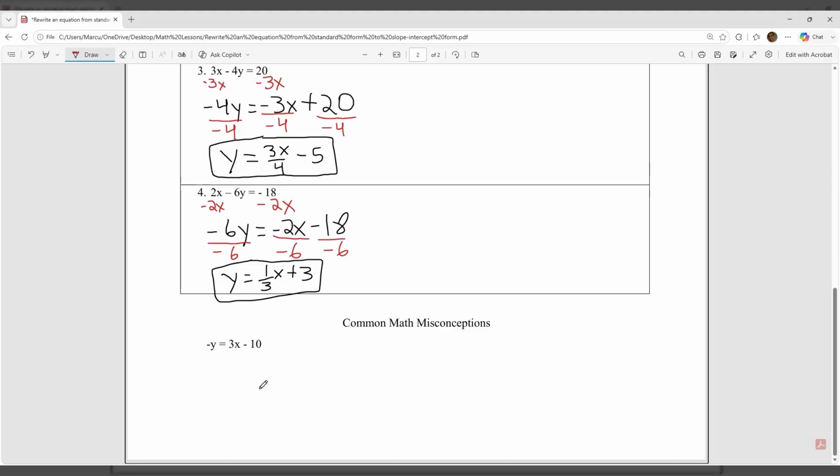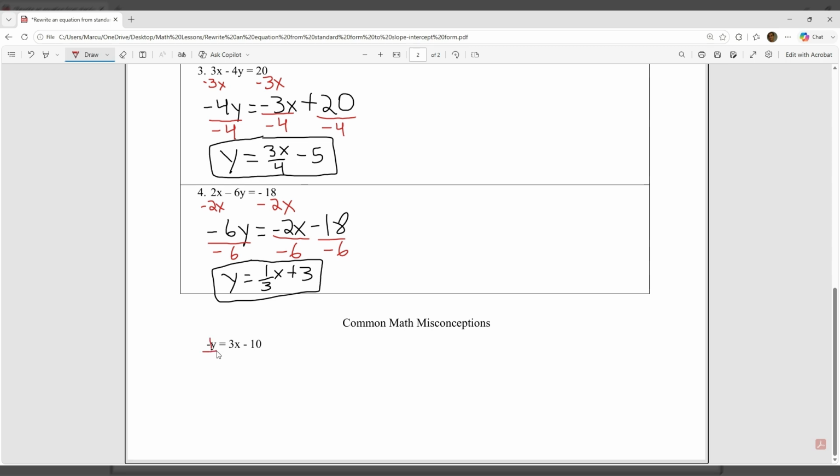A very common mistake I see students do is leave the solution like this right here. So a negative y equals 3x minus 10 is not in the slope-intercept form because the y is not alone. We don't physically see a number here, but we do have a number, which is a negative 1.